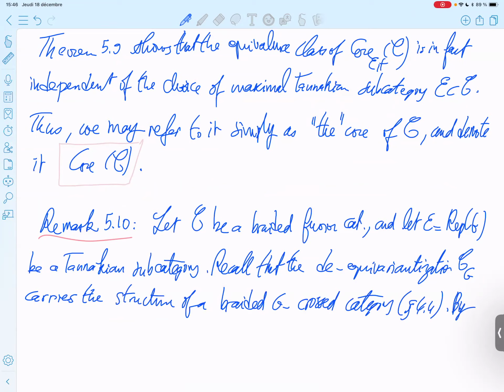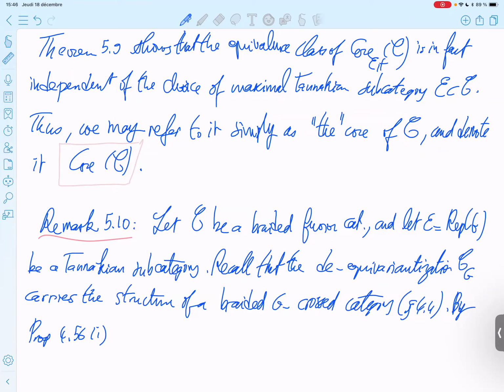By the proposition in the previous section, point number i, the fiber category is identified with the trivial component.